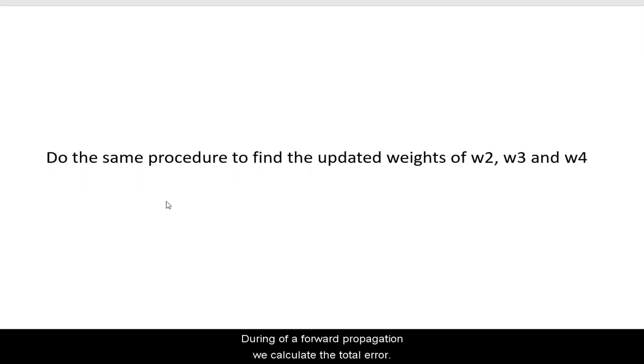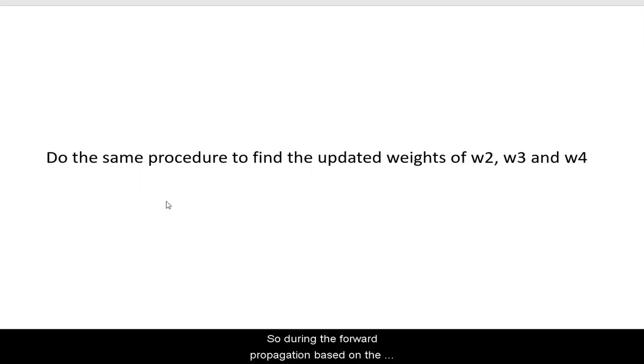During our backward propagation, we will try to adjust the weights of our neural network so that our total error is minimized. And in order to do that, we use optimization algorithms. The famous one, and the one that we have used in this example, is gradient descent.